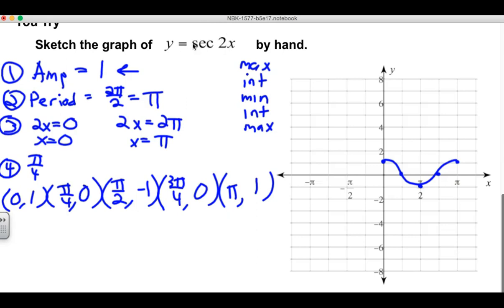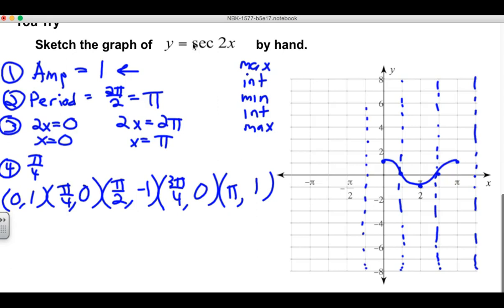all we have to do is turn the intercepts into asymptotes. So we're going to have an asymptote right here, one right here, and then another one right here. We can get an idea of where the next asymptote is going to be just by how far apart they are.